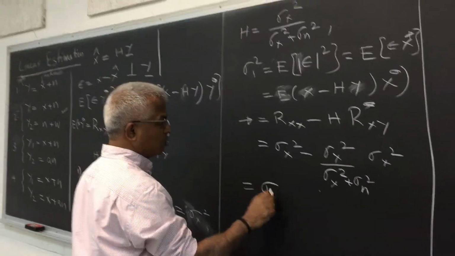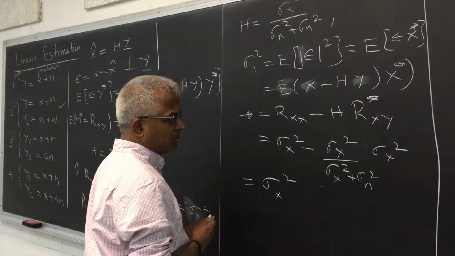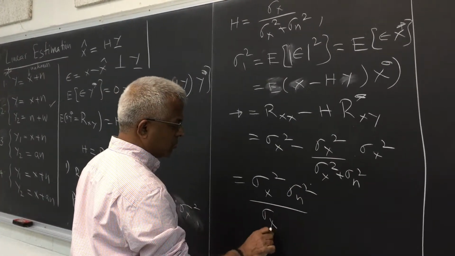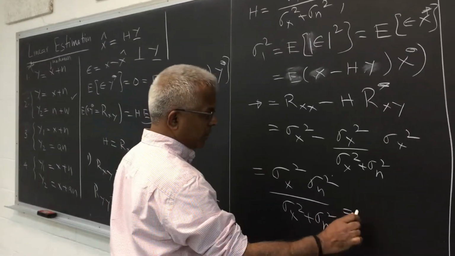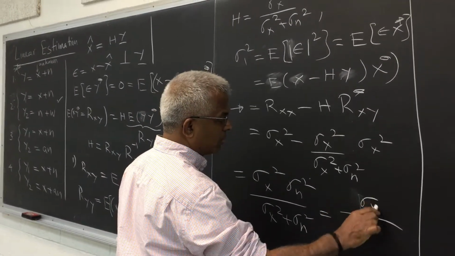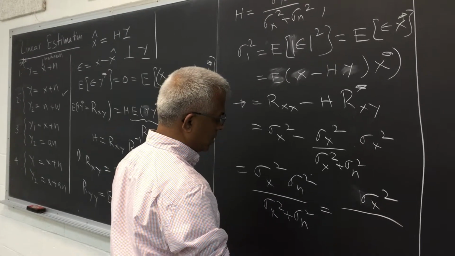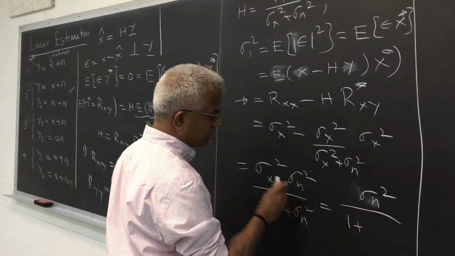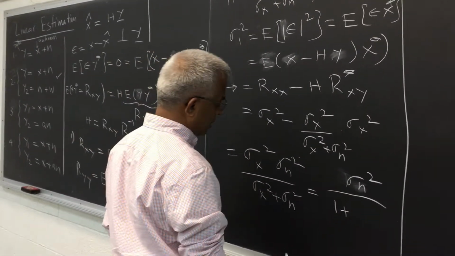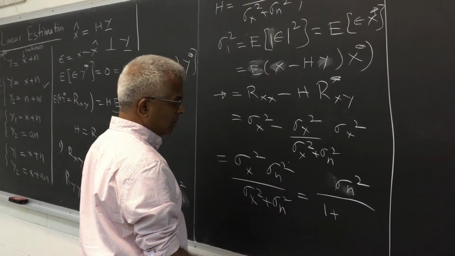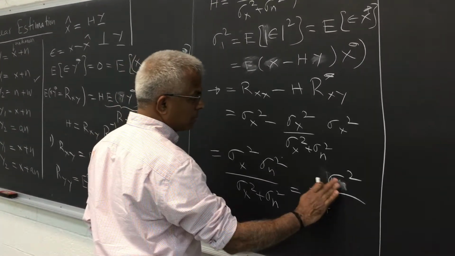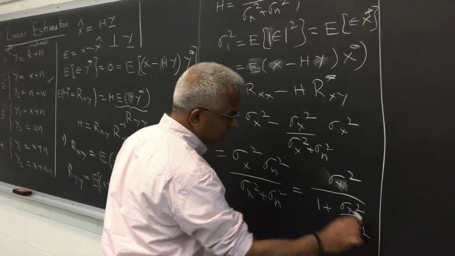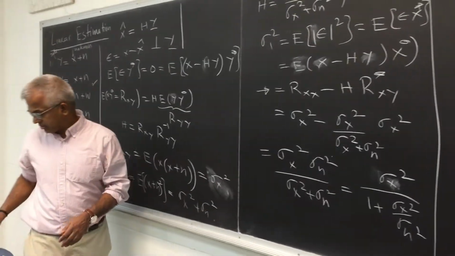You can see this turns out to be, pulling out sigma x squared, sigma n squared over sigma x squared plus sigma n squared, which you can write as sigma x squared over 1 plus sigma x squared over sigma n squared, when you divide throughout by the noise term sigma n squared. That is the SNR term.